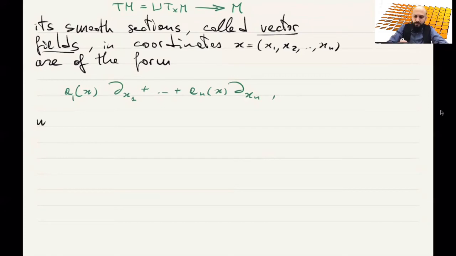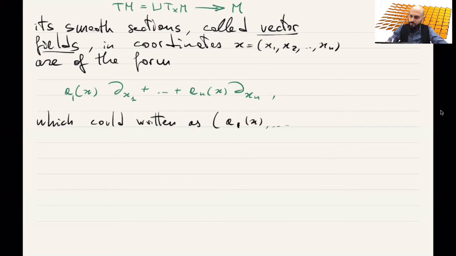So let me say again, it could also be written, this is how you usually do it in calculus, as just a vector a1(x), dot, an(x).